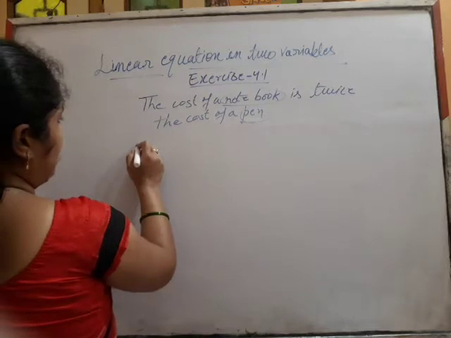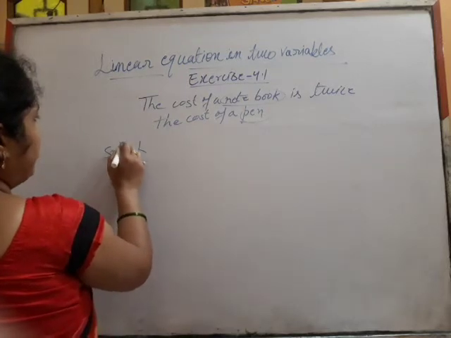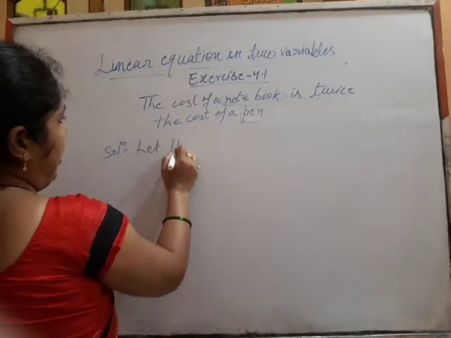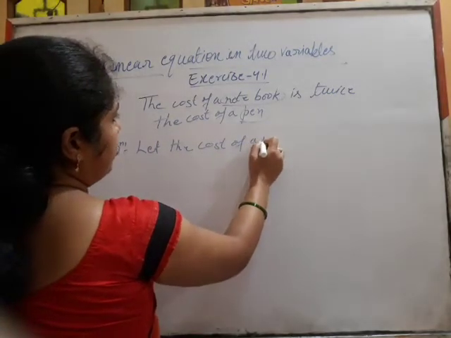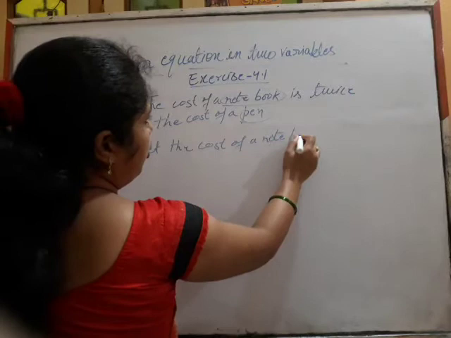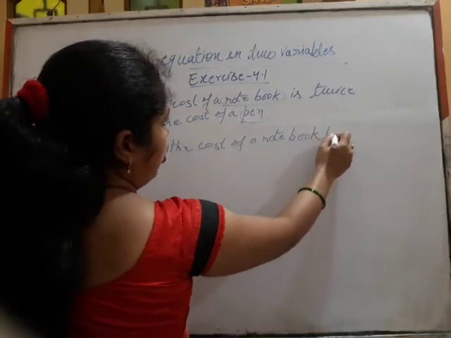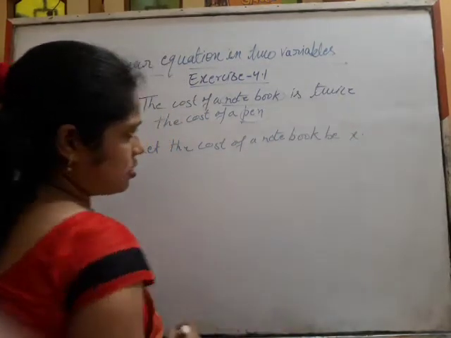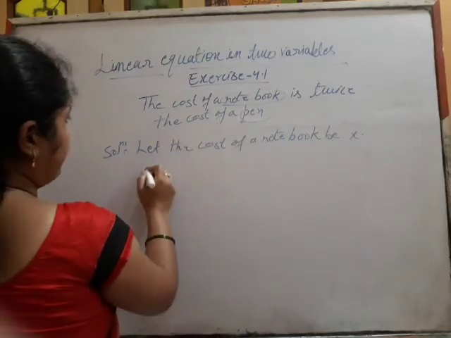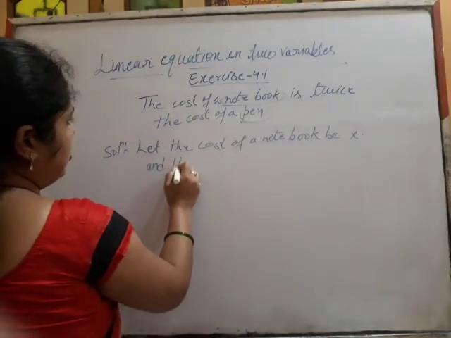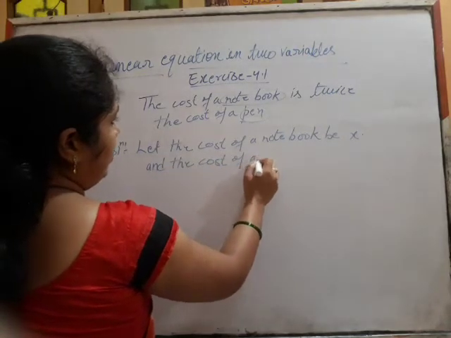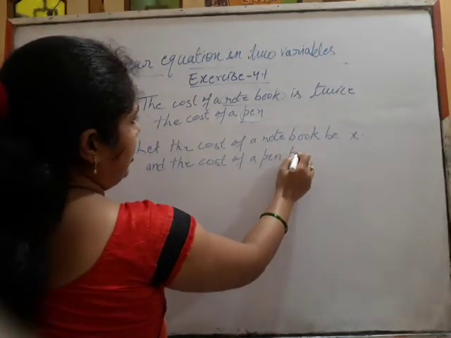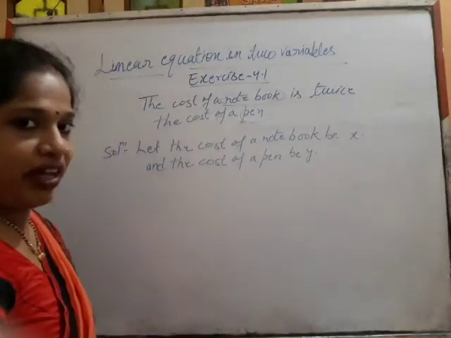So two variables. The solution will be: let the cost of a notebook be x, the first variable, and the cost of a pen be y, the second variable.